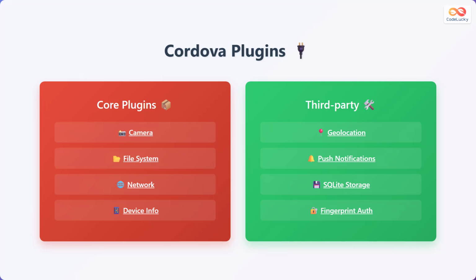Third-party plugins are developed by the community and provide additional features such as geolocation for GPS functionality, push notifications for sending alerts, SQLite storage for local database management, and fingerprint authentication for biometric security. These plugins act as bridges between your JavaScript code and native device APIs, making it possible to create feature-rich mobile applications.